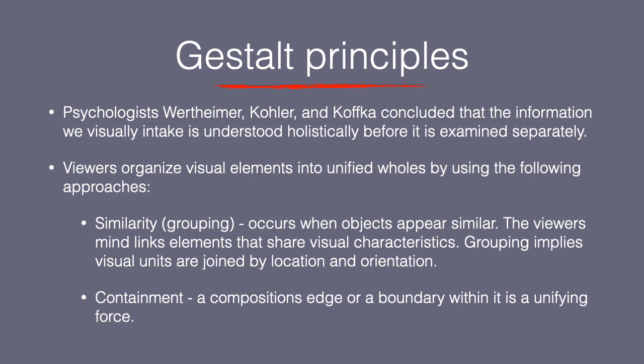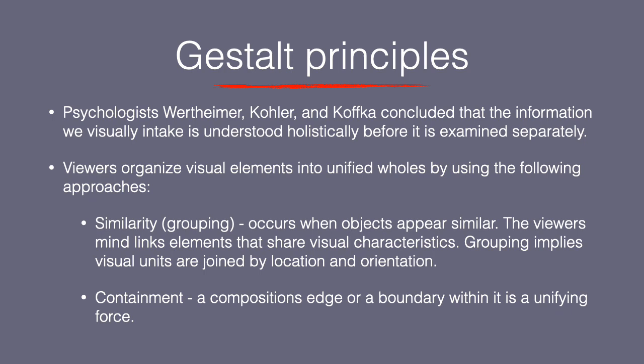Viewers organize visual elements into unified wholes by using the following approaches. Similarity. This occurs when objects appear similar. The viewer's mind links elements that share visual characteristics such as line, shape, and color.